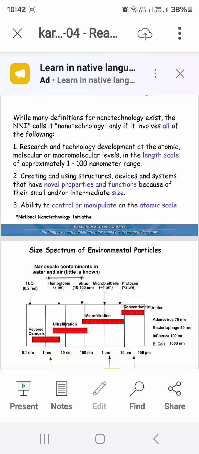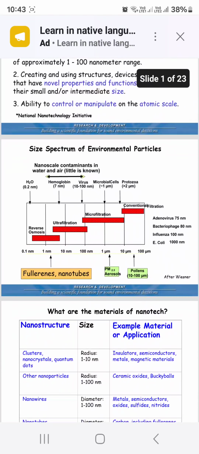In the natural world, many of the biomolecules are of nano sizes. So nanotechnology is not new to human beings. It already exists, but we came across it only a few years ago. Consider the size spectrum of nano environmental particles.